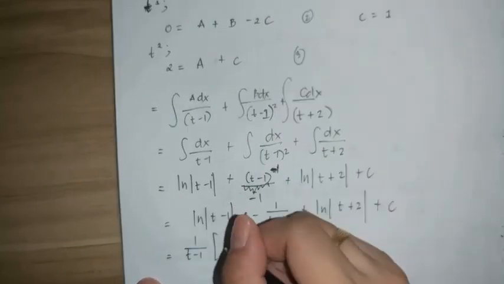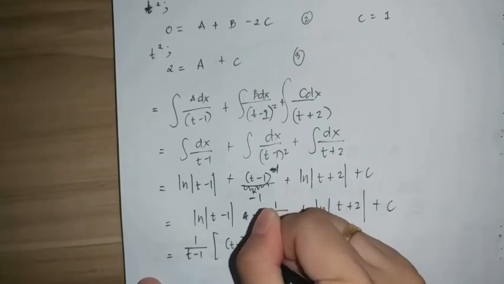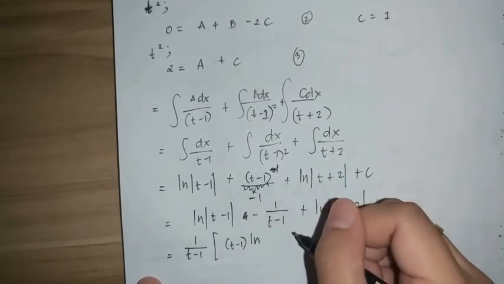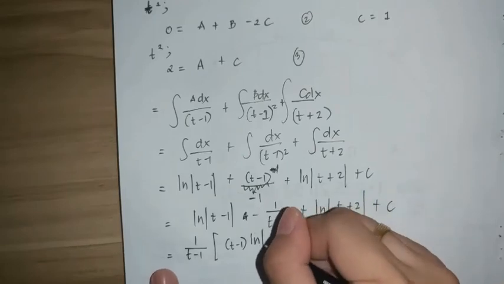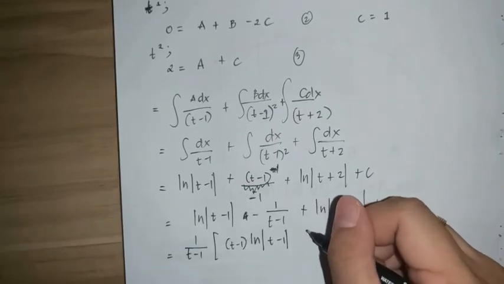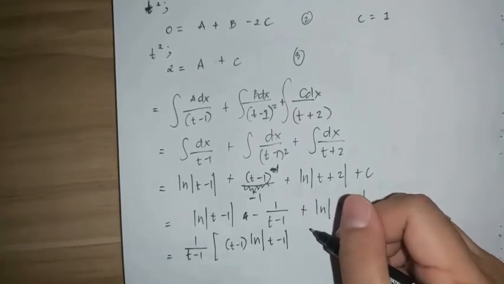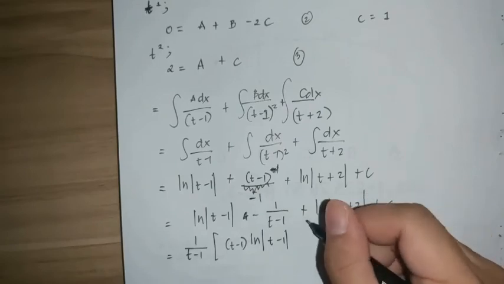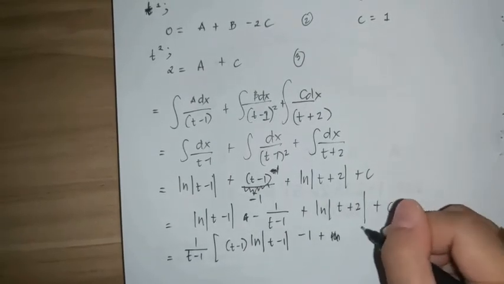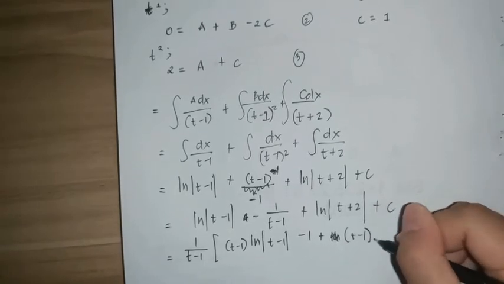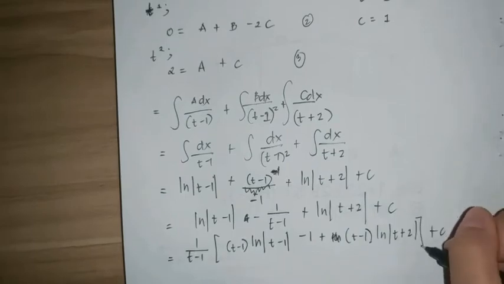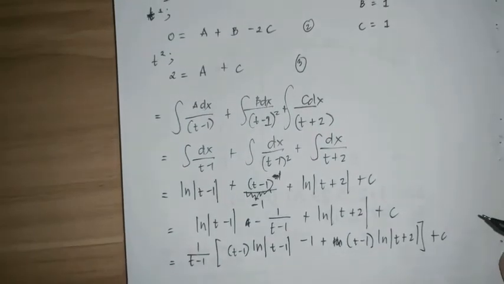So ln of t minus 1, plus minus 1 plus ln of t minus 1 ln of t plus 2 plus c. You can have that as your final answer.